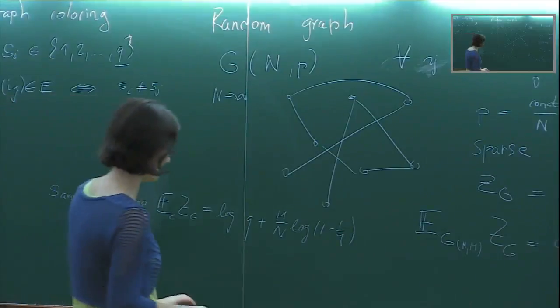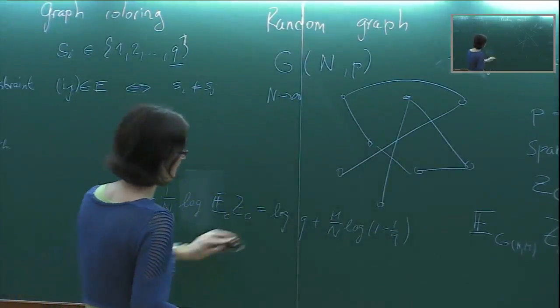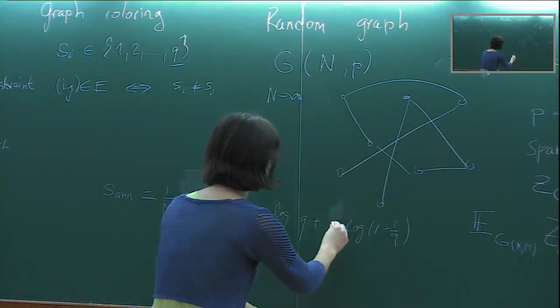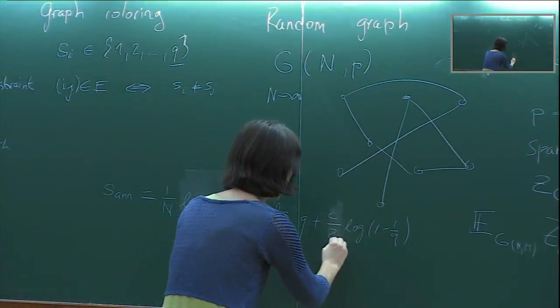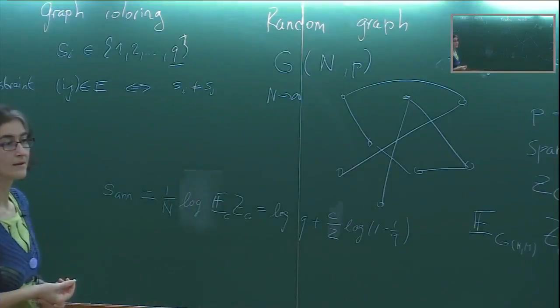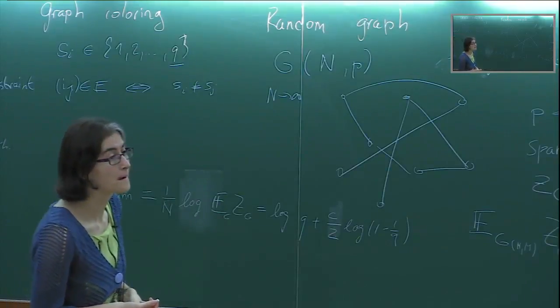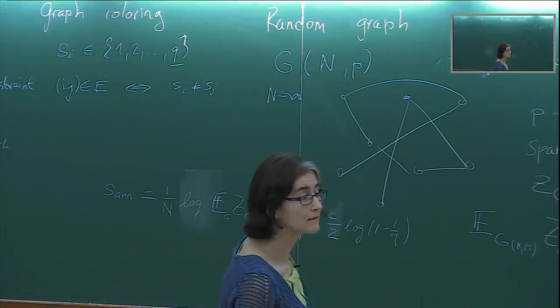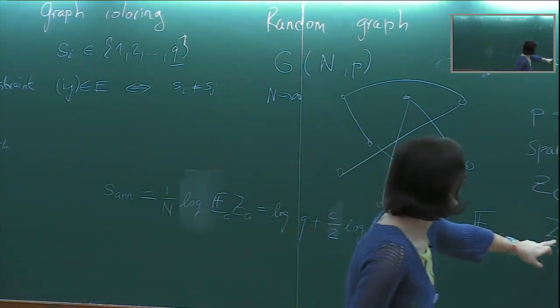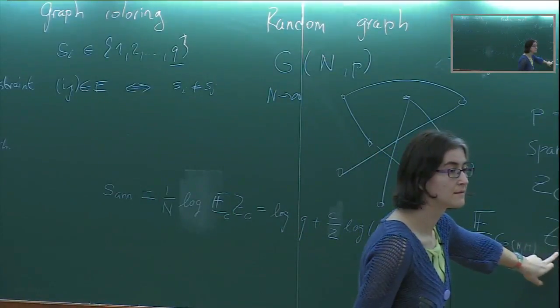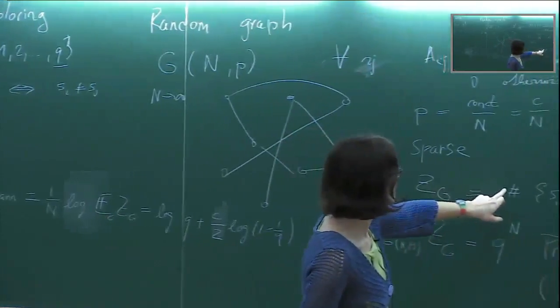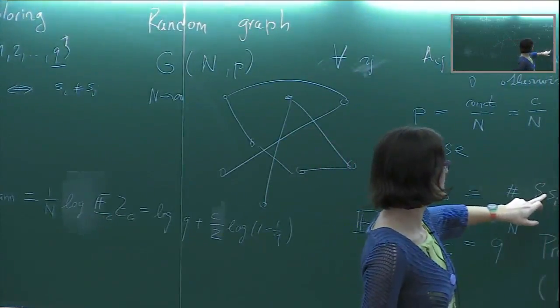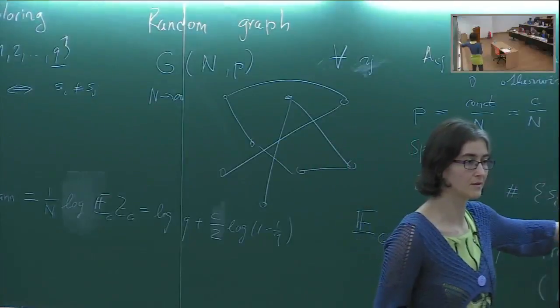So let me replace m over n, the number of edges over the number of nodes, by the average degree over 2. Sorry, Z_G? Z_G is the number of assignments of colors to nodes that are valid colorings.